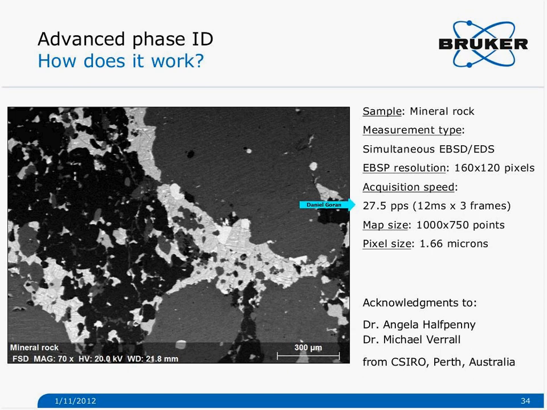And they acquired a pretty large map of 1000 by 750 points. And for the low magnification that they chose, because they wanted to cover a very large area, combined with the size of the map, that results in a pixel size or a step size of 1.66 microns.